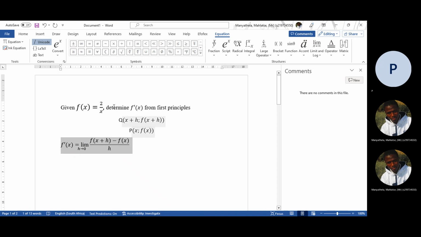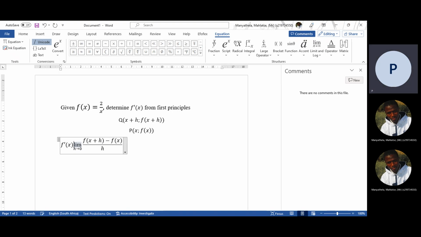Whenever they say determine the derivative from first principles, always remember that you're going to use this formula, and it's always there. It's always given on your answer sheet. You always have it. There's no way you can write math without having it.